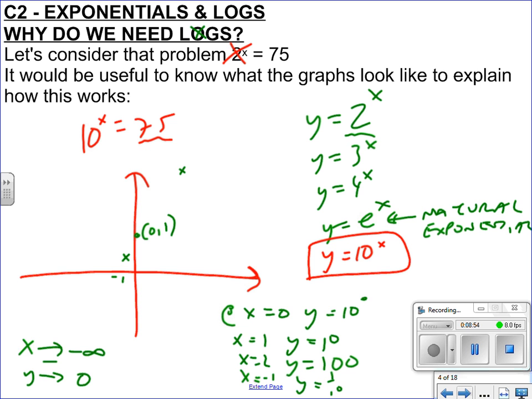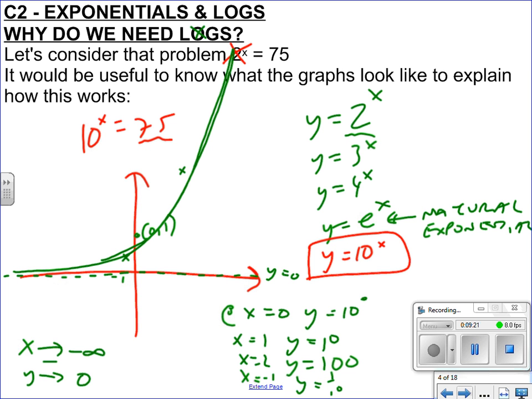It's getting smaller and smaller. 1 over a really big number gets a really, really small number close to 0, but it's never going to actually cross the x-axis. So you have an asymptote at y equals 0, and all exponentials follow that graph. So that is our y equals 10 to the x.